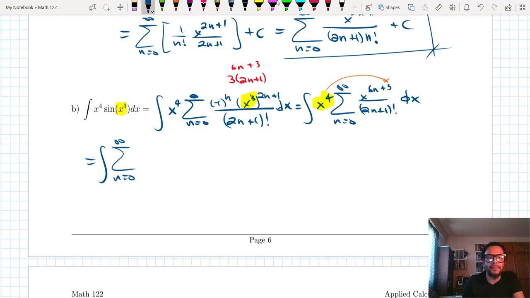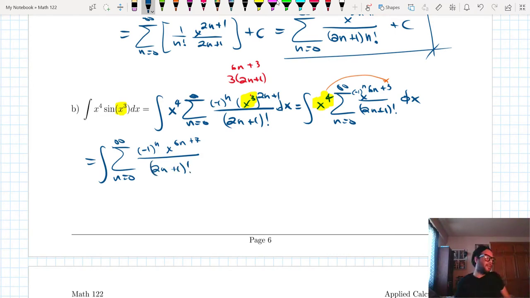So this will be, I forgot the -1 to the n. -1 to the n, x to the 6n plus 7 divided by 2n plus 1 factorial.